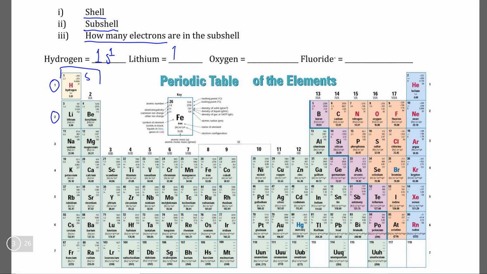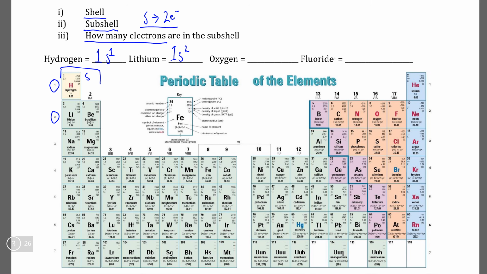It would be at the 1s level, energy level 1 in the S subshell. Now, if you remember that S subshells can only hold 2 electrons, that means that lithium's 1s subshell will have 1, 2 electrons. So, first energy level, S subshell, it has 2 electrons.